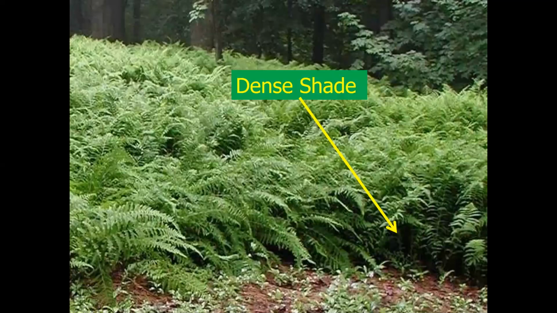You can imagine if you were a seed germinating under there from some desirable seedling, whether it be a cherry or a maple or an oak or whatever it might be, the difficulty of getting enough sunlight to survive and get up through that fern. I'll show you this image again, so keep this one in mind. I'm going to show you this actually having been treated and what the result was. So we really think of competing plants from the standpoint of the dense shade and the problems that dense shade causes, and seedlings being able to germinate, grow, and develop.